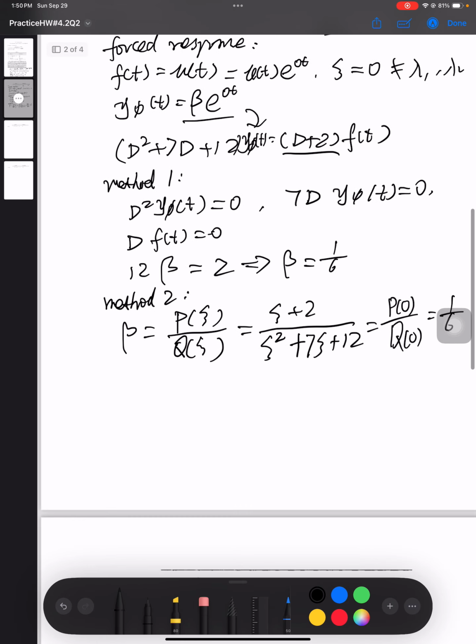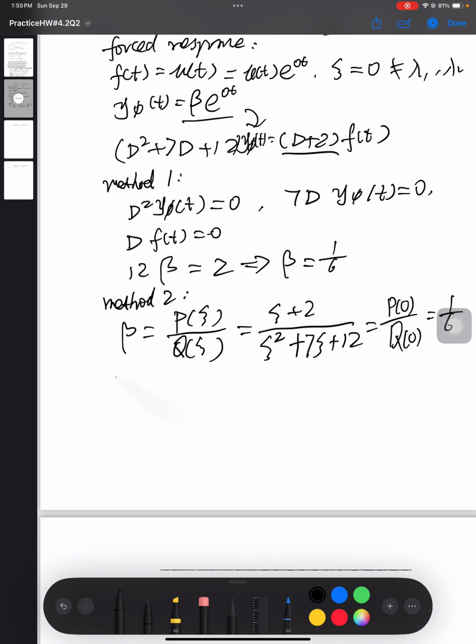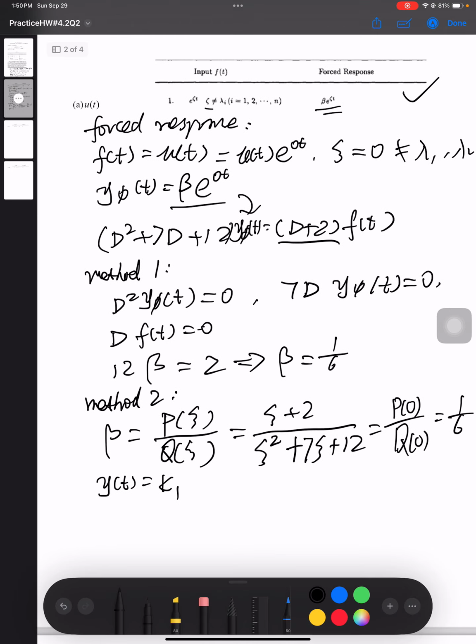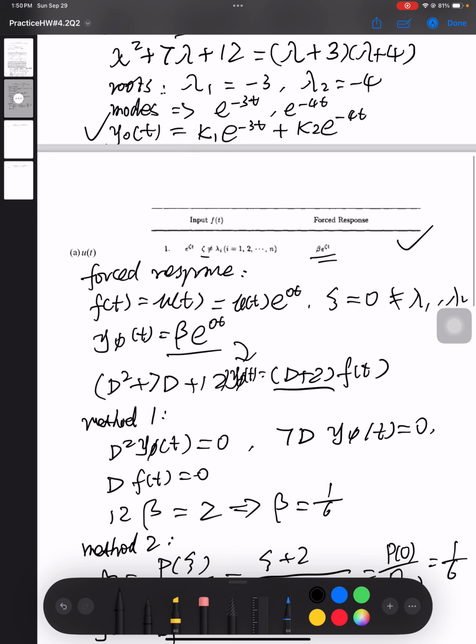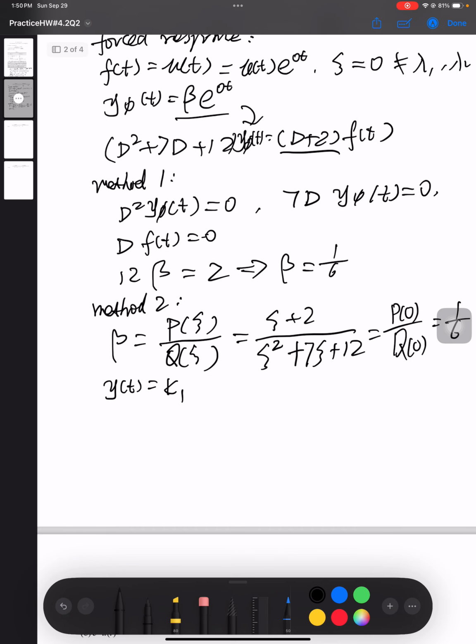After we get this, we can get the total response equals K1 e^(-3t) plus K2 e^(-4t) plus 1/6, which is beta e^(0t), right?